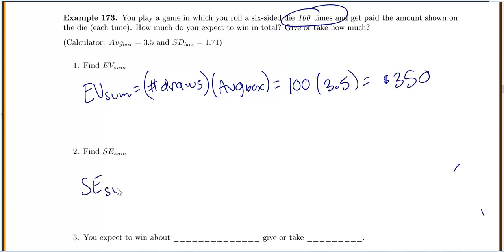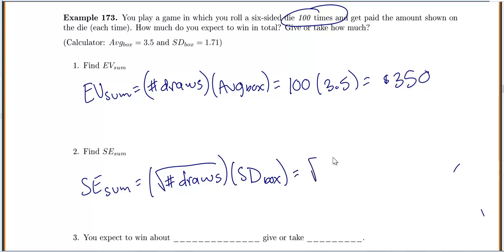Now for the standard error of the sum, it's going to be the square root of the number of draws times the standard deviation of the box. So the square root of 100 times our 1.71 gives me 17.1.